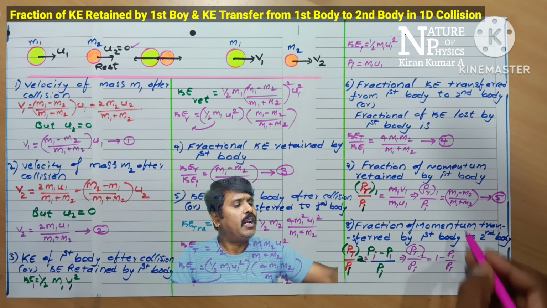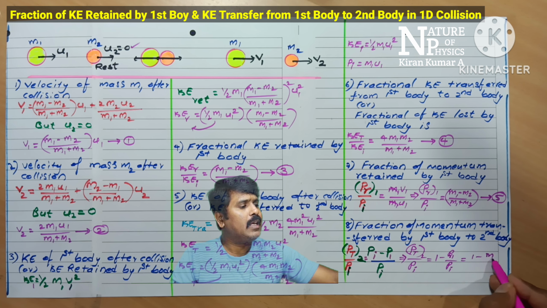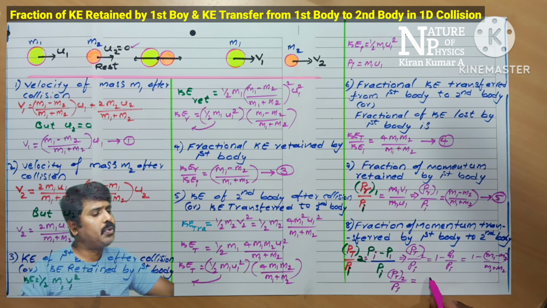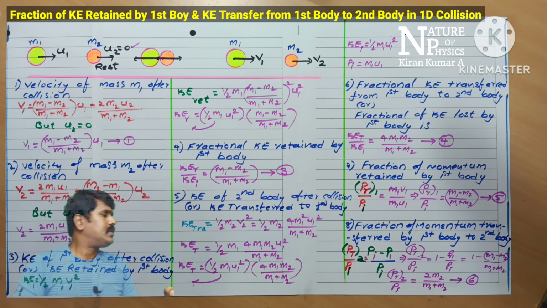From equation 5 the value is replaced, so that is equal to 1 minus (m1 minus m2) divided by (m1 plus m2). Finally, P transfer to the second body divided by the initial momentum, after solving this, we get 2 m2 divided by (m1 plus m2). No space, student, that's why written here. So I can write this as equation number 6, student.